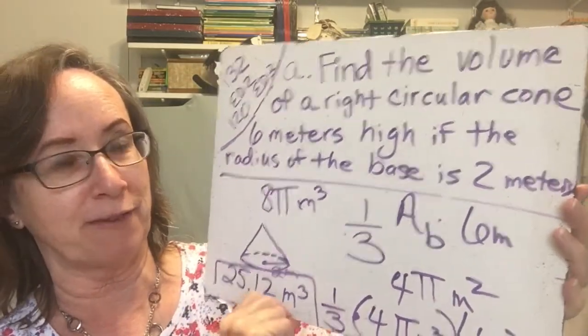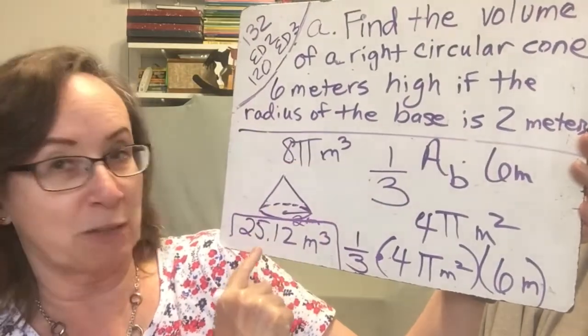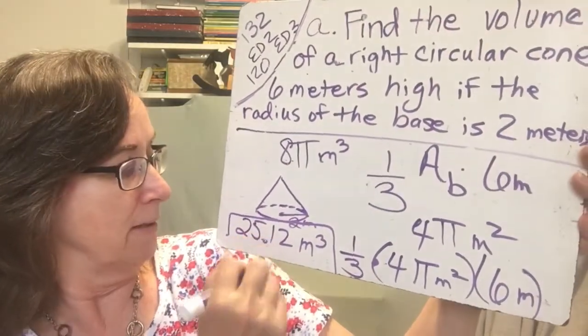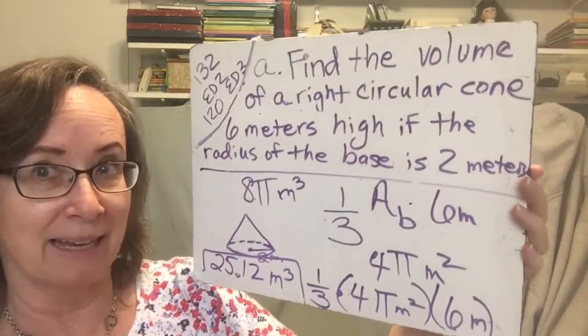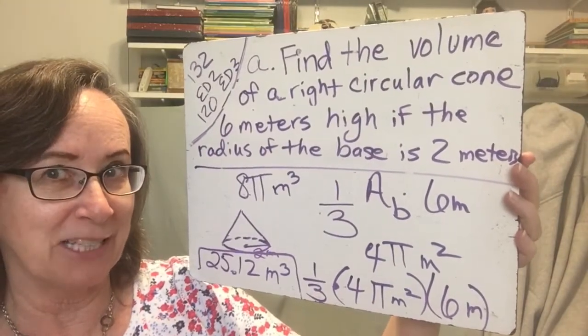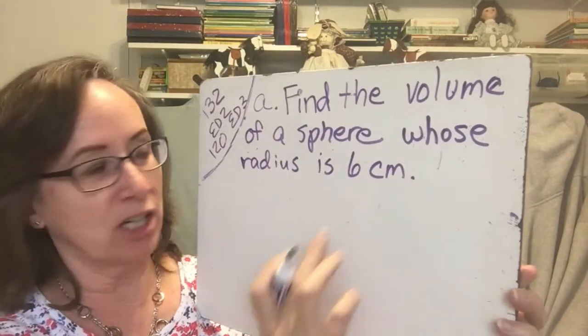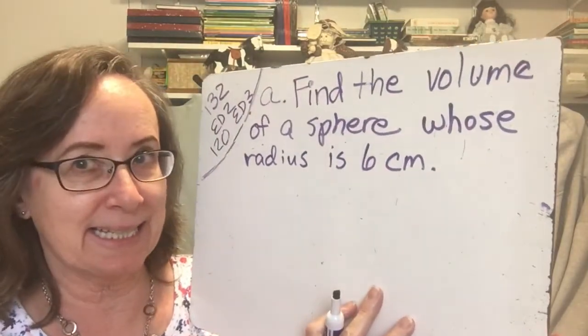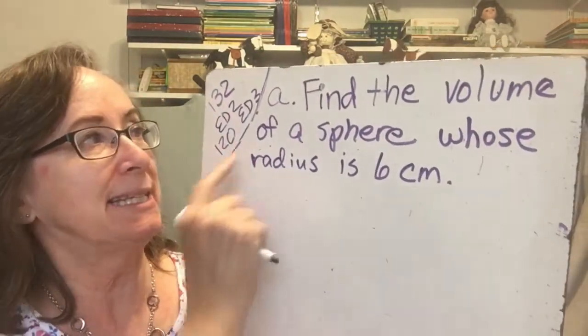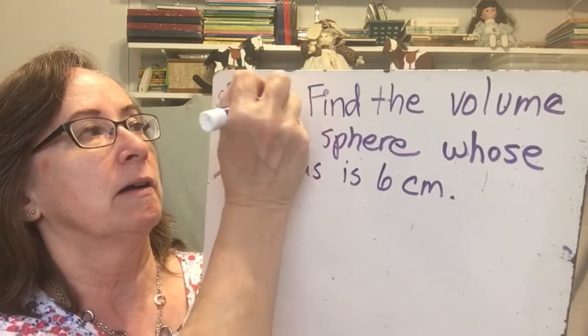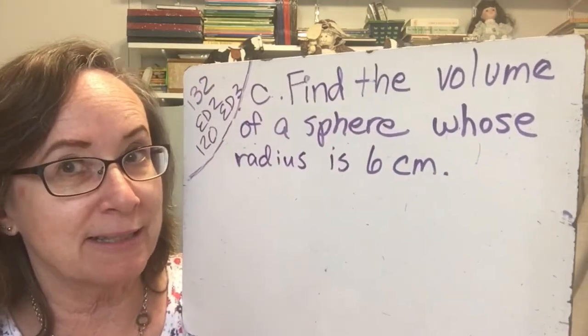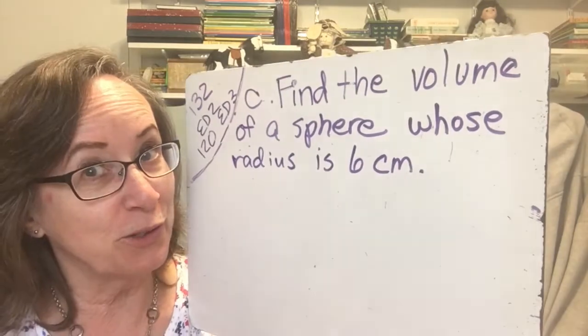We ran off and found that 8 pi was 25.12 meters cubed, and that is the answer to B. Did you get it right? Find the volume of a sphere whose radius is 6 centimeters. Now this is problem C for you, and this is one of your practices. So pause your video.